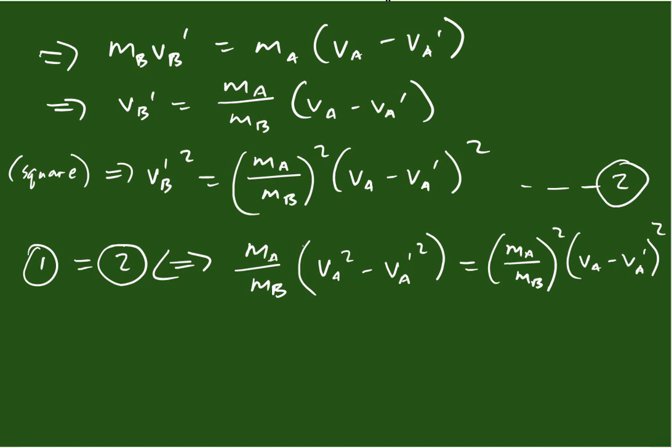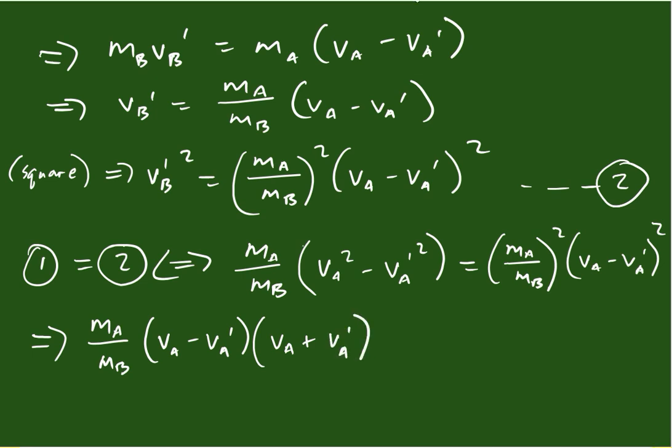So the MA and MA over MB we can cancel a little bit. So let's simplify the left hand side like this. Let me show you. So we go MA over MB, and let's use the difference between two squares. So we end up with VA minus VA prime multiplied by VA plus VA prime.